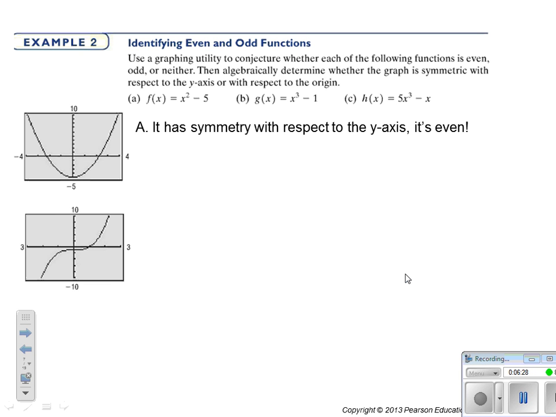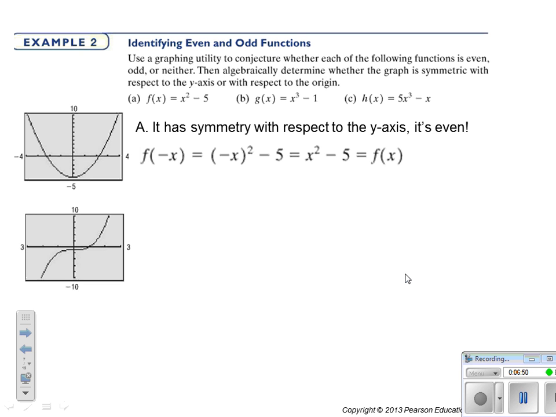The graphing utility shows us that it is a parabola, so it has symmetry with respect to the y-axis, and we're going to plug in negative x for our regular x, and if we get out an equivalent statement, then we know that it is even.